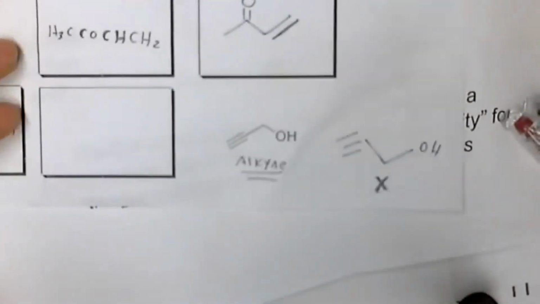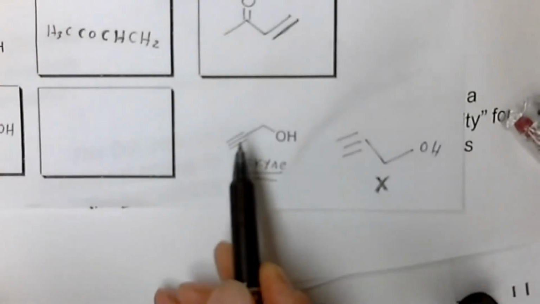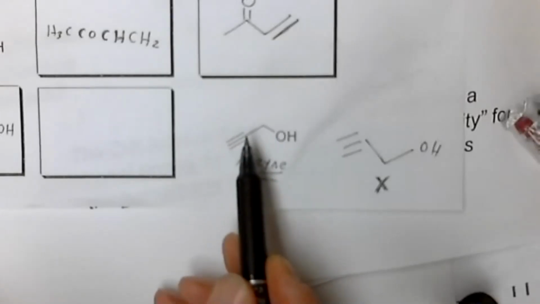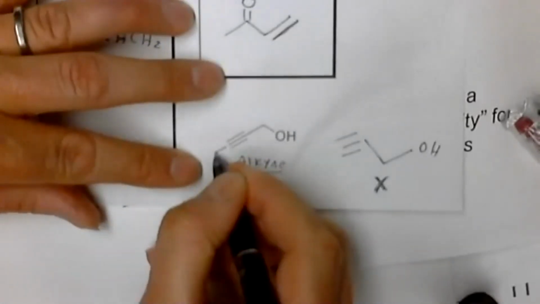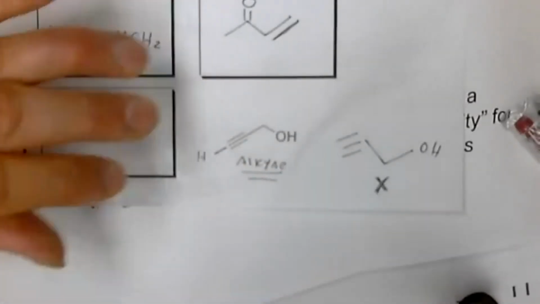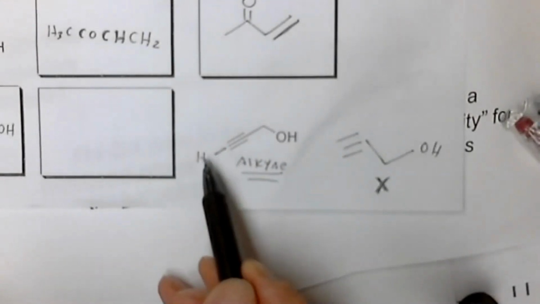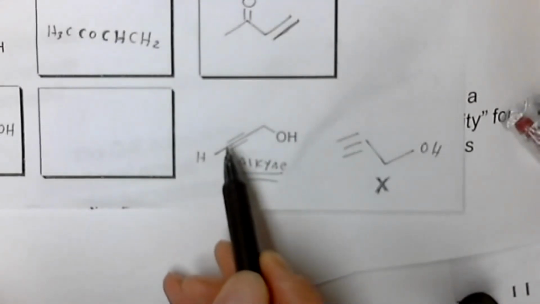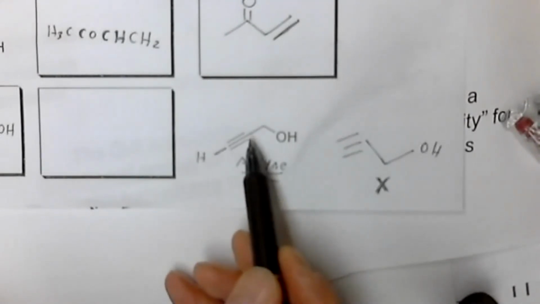The triple bonds are sp, and the geometry is sp and sp, which are linear. So I'll just draw this HN for fun. It's a linear relationship between this CH versus the C triple bond C, so this is 180 degrees from that carbon. It's linear, sp, right?